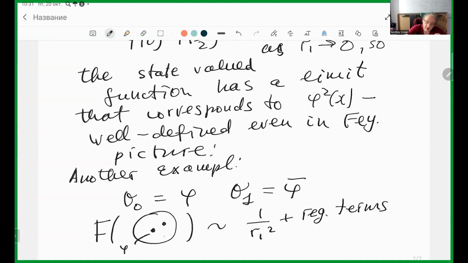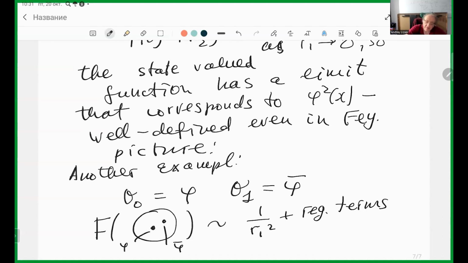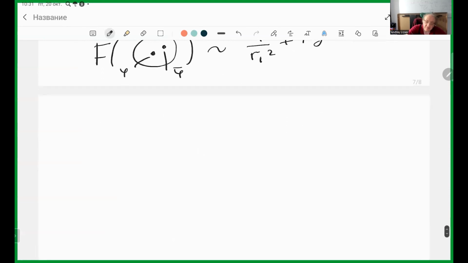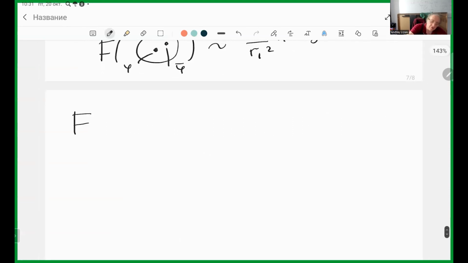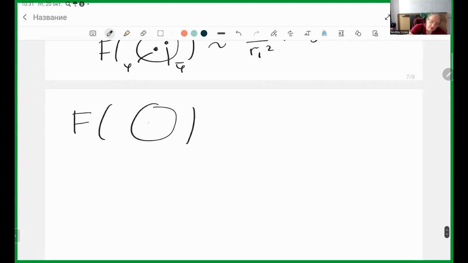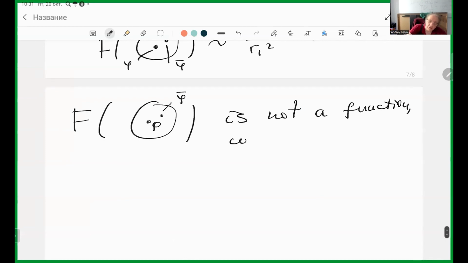So I call it phi bar. So f of phi bar is not a function corresponding to local observable.